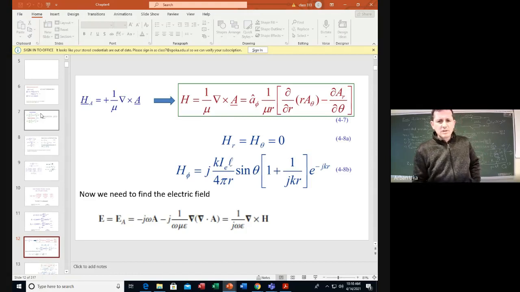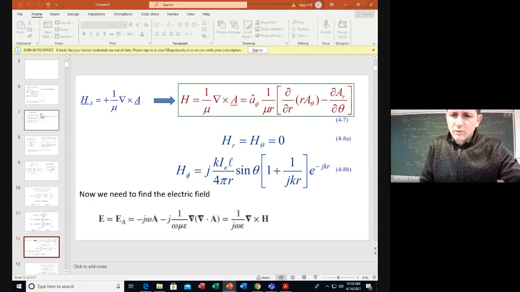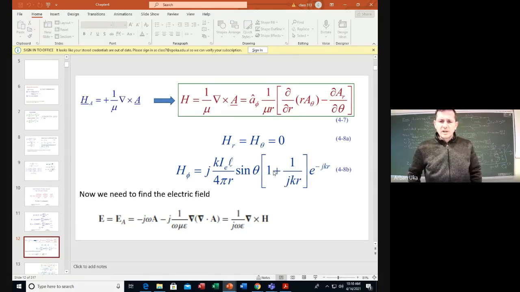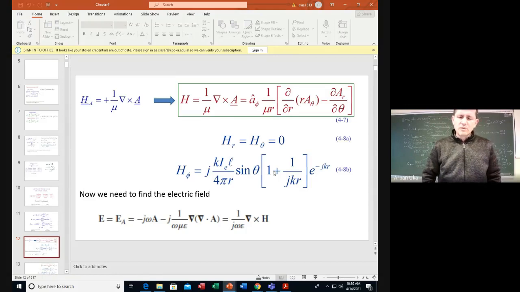And another element which will become useful when we analyze the near field or the far field region is looking carefully at this expression which is here in parentheses. Here we have in the parentheses 1 plus 1 over jkr, where j is the square root of -1, so that's a complex number, divided by kr.